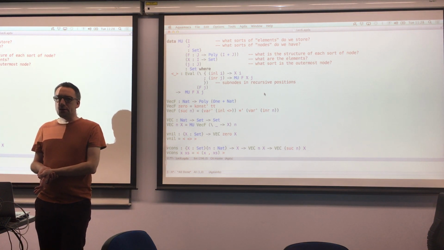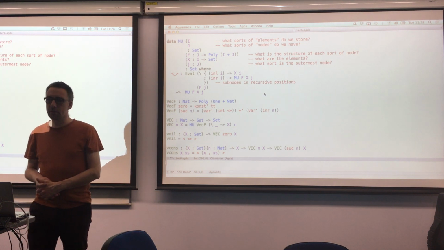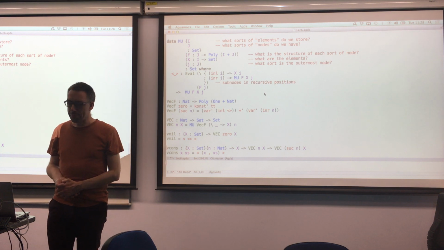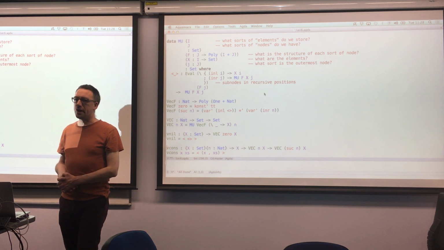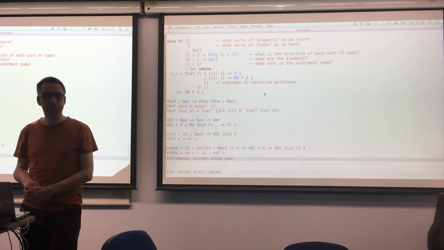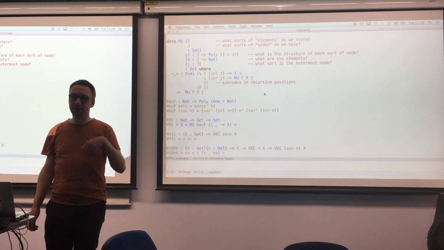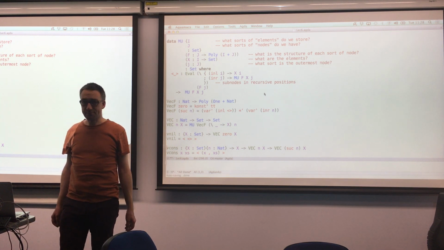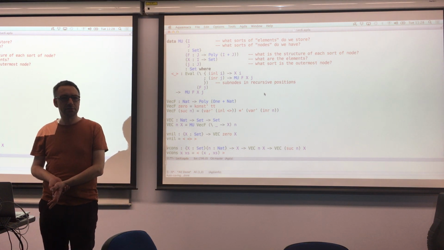One thing you might hope, and it's a good thing to hope, is that vectors behave like a functor, right? That they pack up elements, and if you've got an operation that acts on the elements, you can do that operation to the structures.